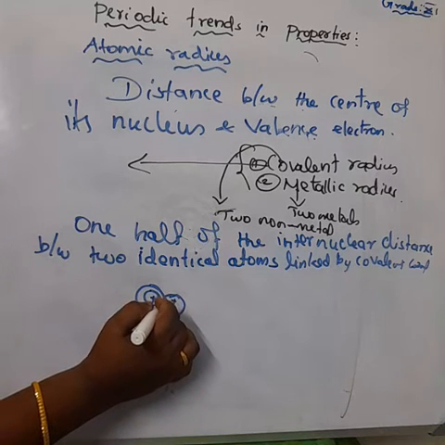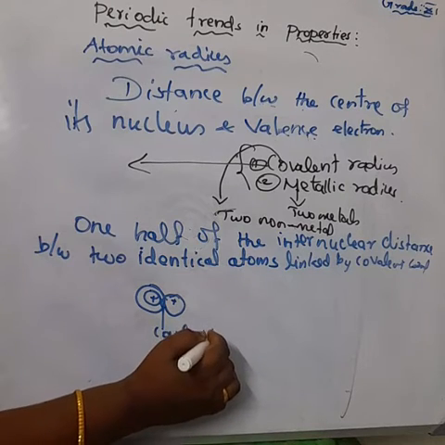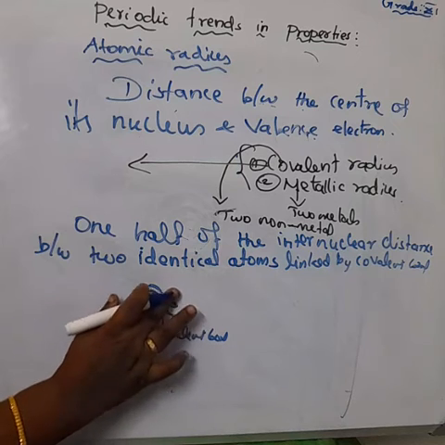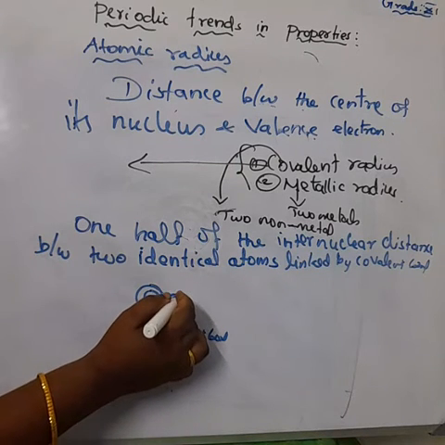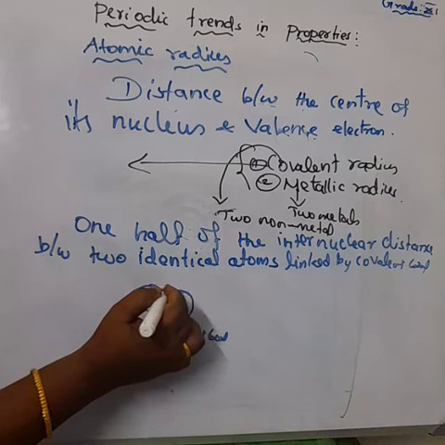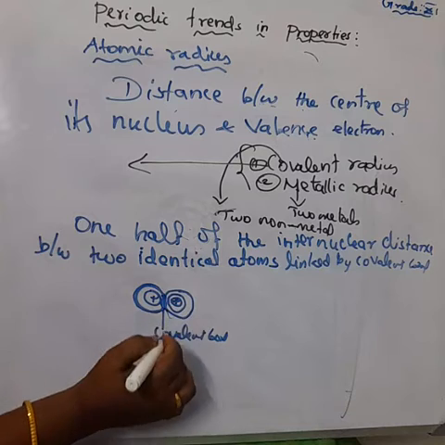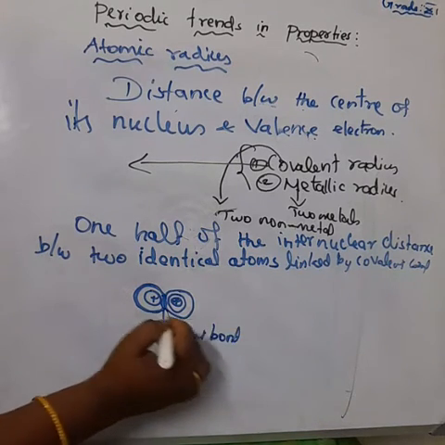This is one chlorine atom, and this is another chlorine atom. These two atoms are combined by a covalent bond. This bond is known as a covalent bond.